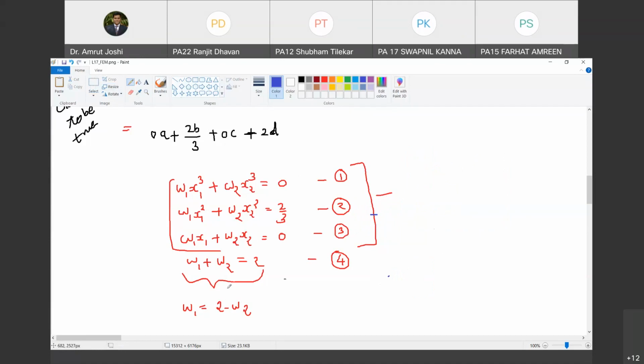If I substitute W1 equal to 2 minus W2 in all these equations, so what do I get? 2 minus W2 into x1. So is that going to help us in any way? Just a minute.